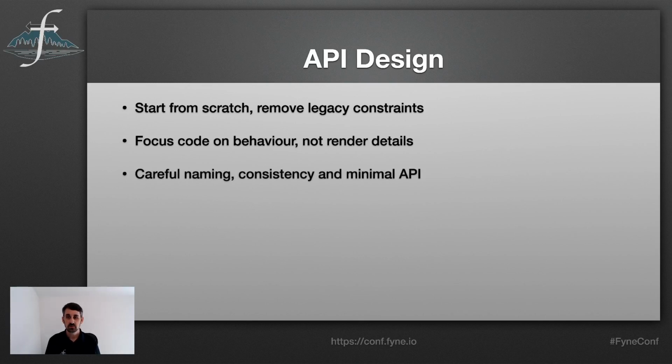We're also very careful about the naming of everything in the API. It has to be really obvious. A consistent API that's minimal is going to be so easy to learn for a new developer. And we don't want it to get much more complicated, because although the developers of the project might be learning and building up on top of all of this, somebody coming to the project new doesn't have any of this built-in knowledge, especially because we've changed some things about how graphical APIs might be delivered.